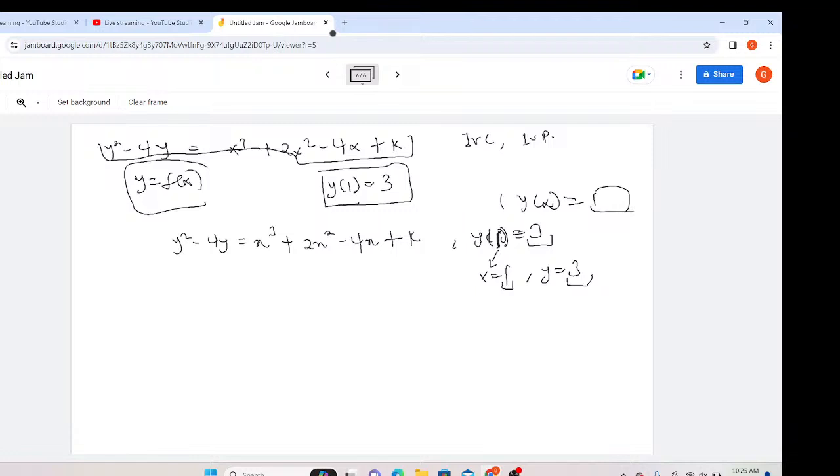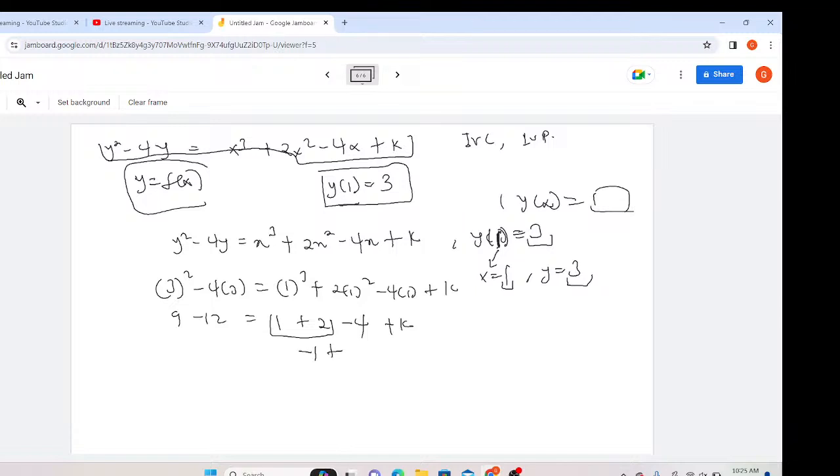That's what it means. So we have 3 squared minus 4 times 3 equals 1 cubed plus 2 times 1 squared minus 4 times 1 plus k. So this gives us 9 minus 12 equals 1 plus 2 minus 4 plus k. So this is negative 3 equals negative 1 plus k.